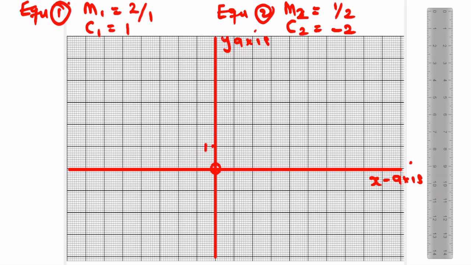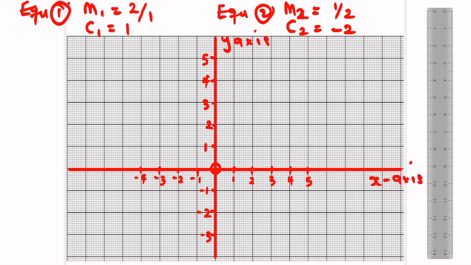So we have 1, 2, 3, 4, 5, minus 1, minus 2, minus 3, 1, 2, 3, 4, 5, minus 1, minus 2, minus 3, minus 4. Let's stop here. Remember, we are using 1 centimeter to represent 1 unit on both axes.